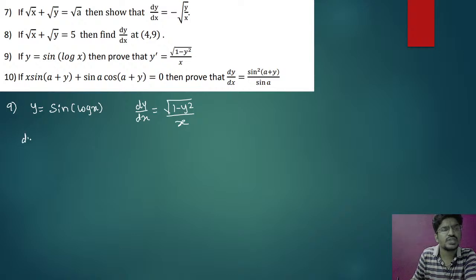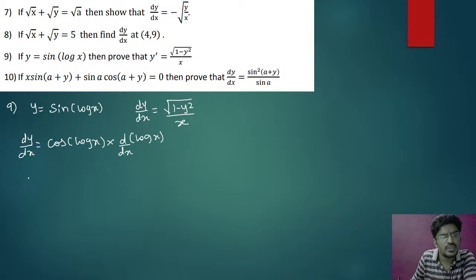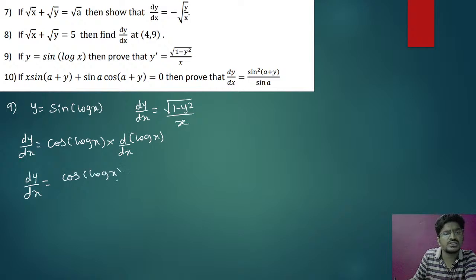So here you can see dy by dx will be equal to, first differentiation of sine is cos of log x and multiplied with d by dx of log x. So that will be dy by dx equal to cos of log x and divided by differentiation of log x is 1 by x. So that will be divided by x.